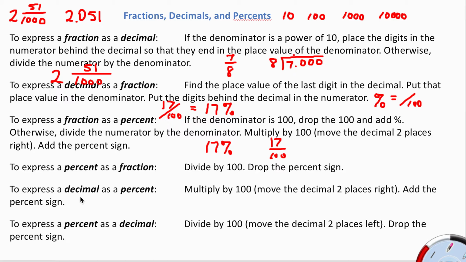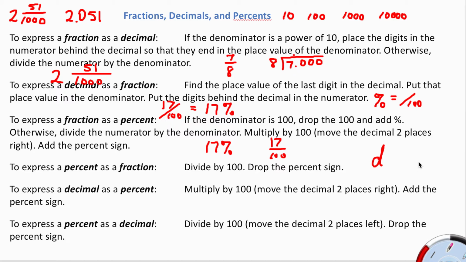To express a decimal as a percent, you're going to move the decimal 2 places to the right and add the percent sign. To express a percent as a decimal, move it 2 places left. That's because a percent means per 100, so you're always multiplying or dividing by 100. People usually get that, but what confuses them is, which direction do I move it? Think about the alphabet.